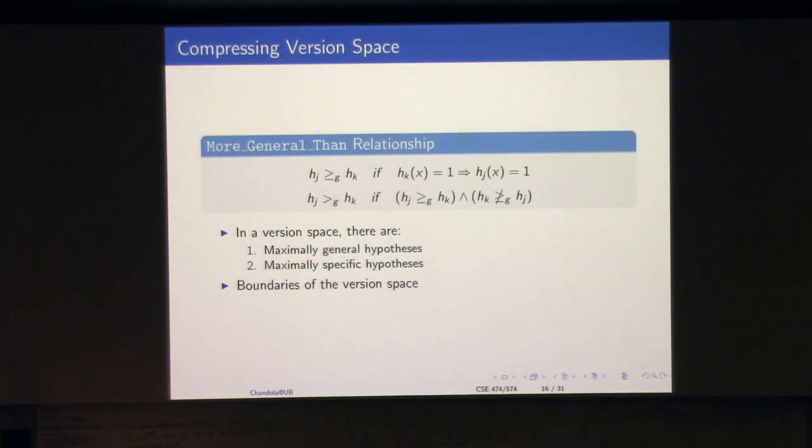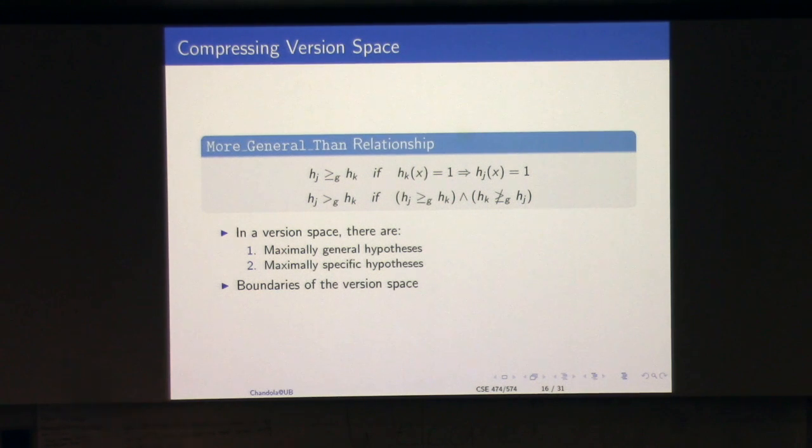All right, so before looking at candidate elimination, I just want to introduce a couple of relationships. We already talked about it, right? We can define some relationships between hypotheses. We can define a relationship called more general than. One hypothesis can be defined as more general than another if it covers more instances than this one, right?